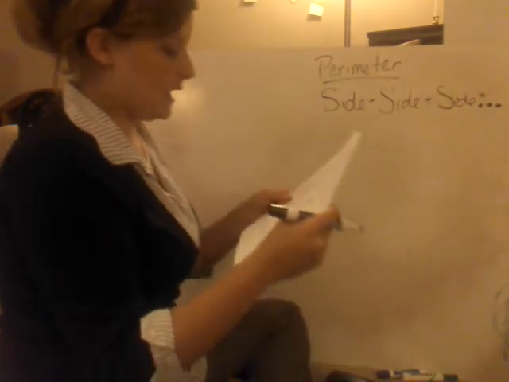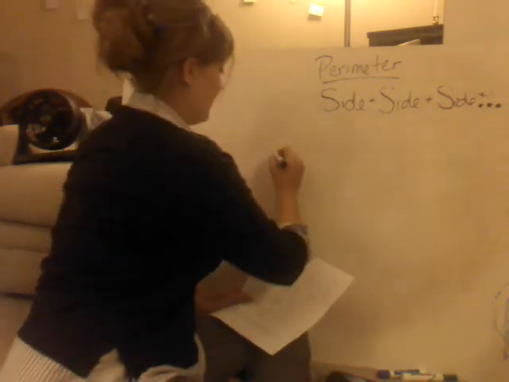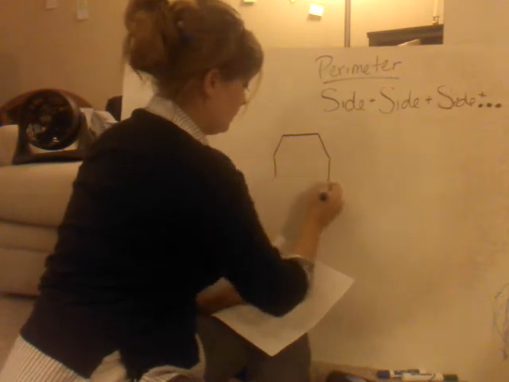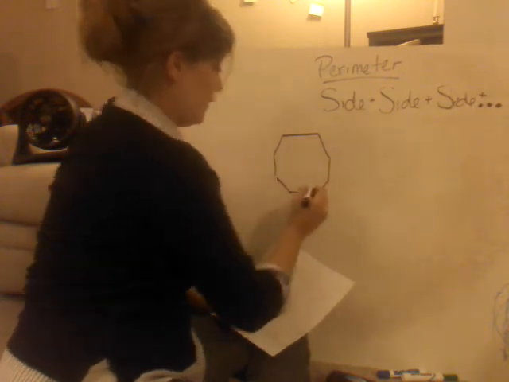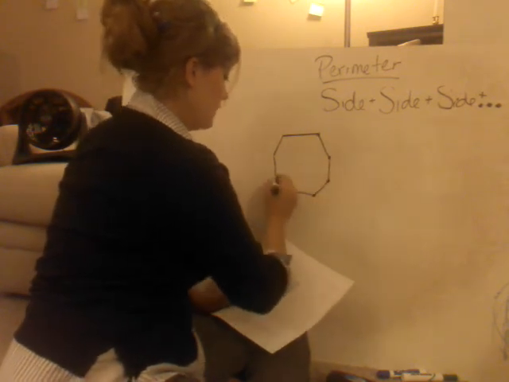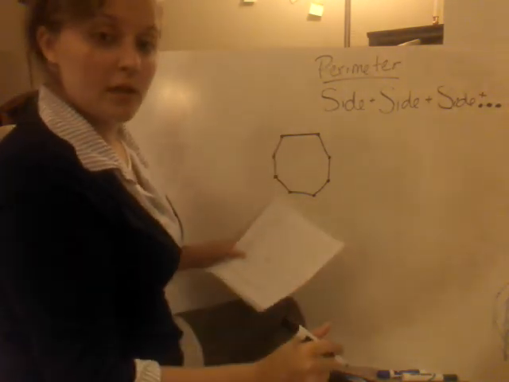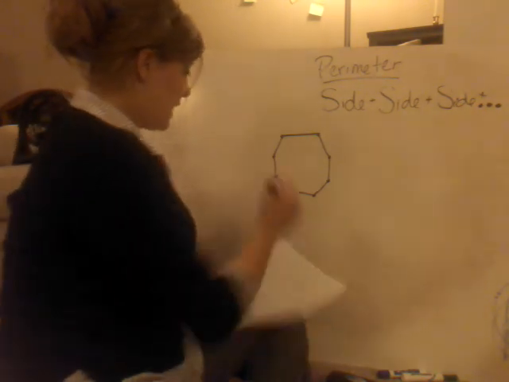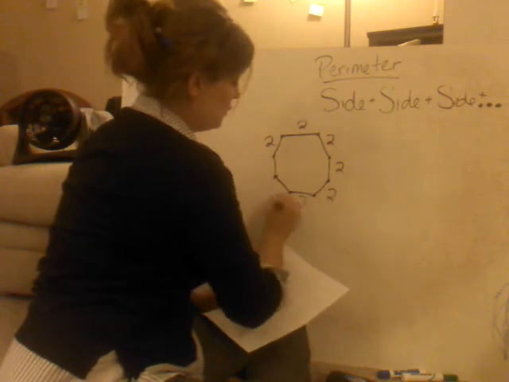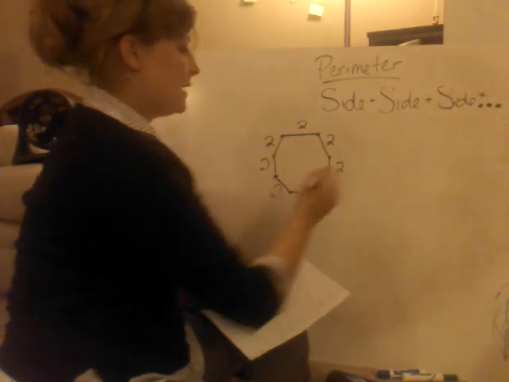Alright. Next, I have an octagon. Bear with me on the drawing. I'll draw in my vertices. Remember, a vertex is where two segments come together. Even though there's not any rays, these are still all vertexes. And I have 2, 2, 2, 2, 2, which makes this an octagon.